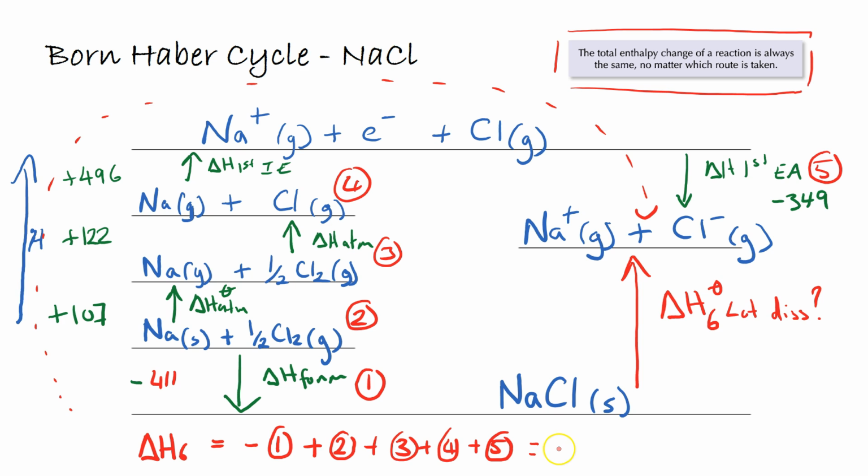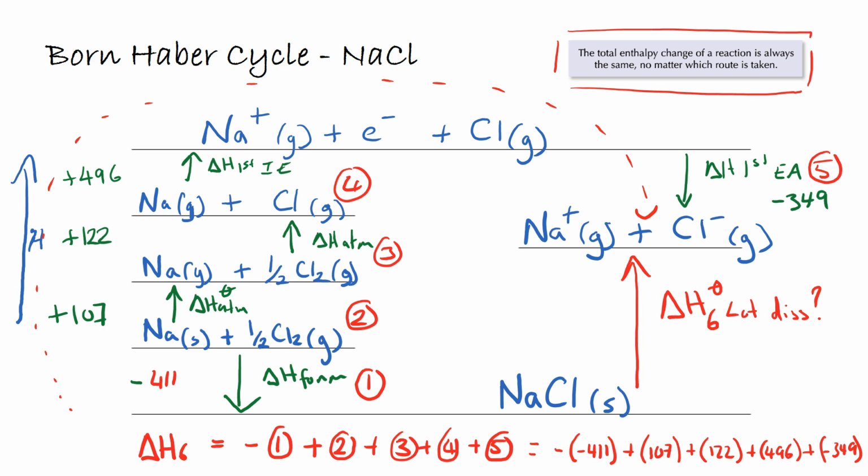So it's equal to brackets minus 411, the enthalpy of formation, plus 107, and I'd encourage you to leave the brackets on just to make your calculations a bit easier, plus 122, plus 496, and plus minus 349.